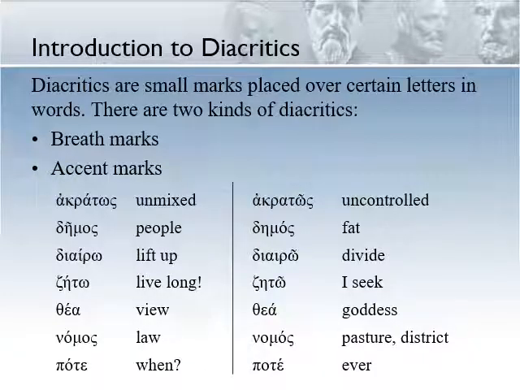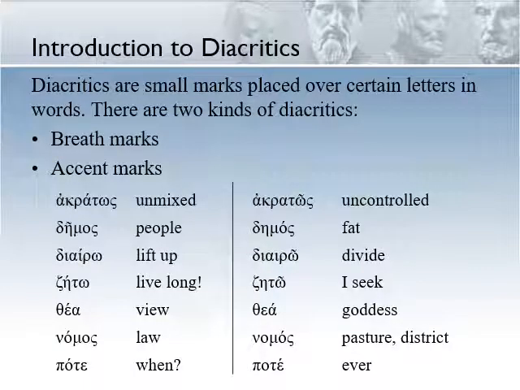Consider just now that the emphasis shifts from the middle syllable to the last syllable. So whereas the one on the left was pronounced akratos, this one on the right is pronounced akratos, with the emphasis on the last syllable. So akratos means unmixed. Akratos means uncontrolled. Two different words, and the only difference is in the accent.